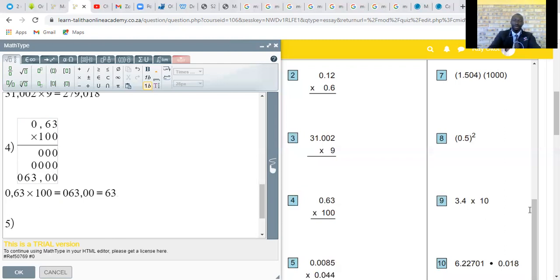Well, what are we doing in question 5 of activity 1? Well, in question 5 of activity 1, we are multiplying 0.0085 by 0.044. All right, let's see what comes out. Okay, so we say we are multiplying.